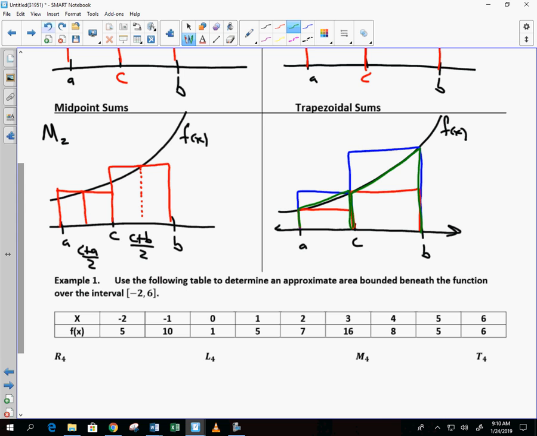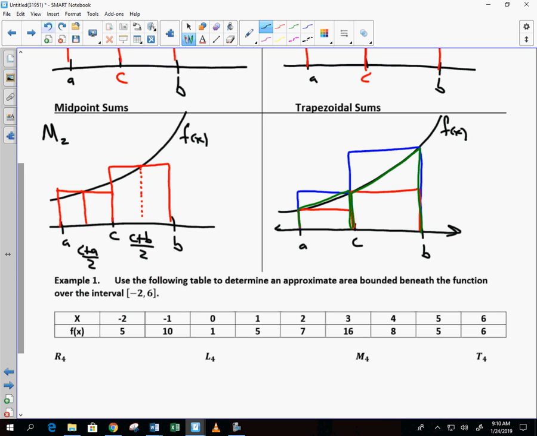And those look like really good estimations, don't they? Can you see by the work that I have there that the trapezoid is simply the average of the right hand and the left hand? So the cool thing about trapezoid sum is that it's a really good estimation if the bases are the same. If the bases are not the same, then it's a little bit more complicated to actually calculate.